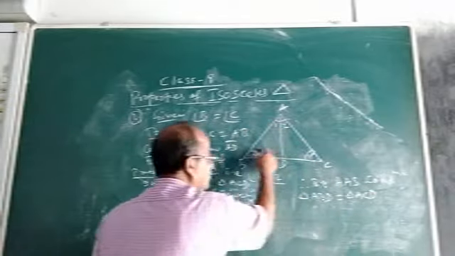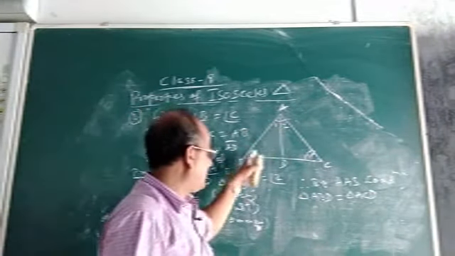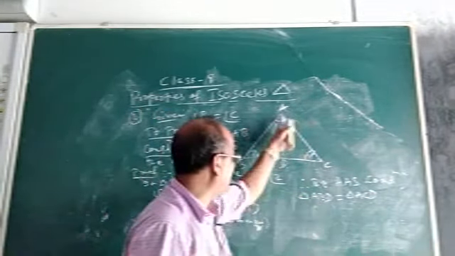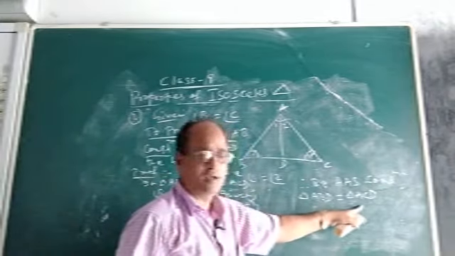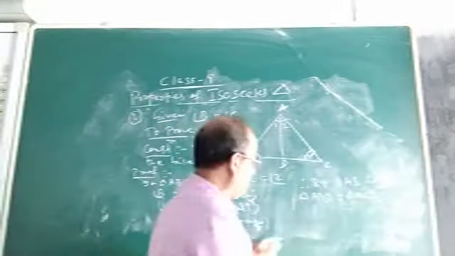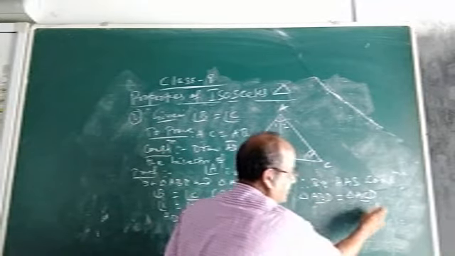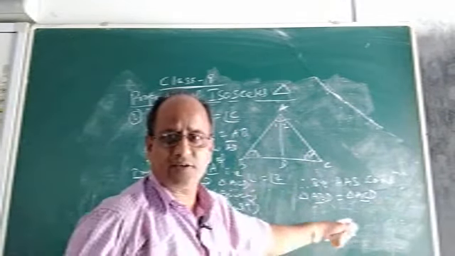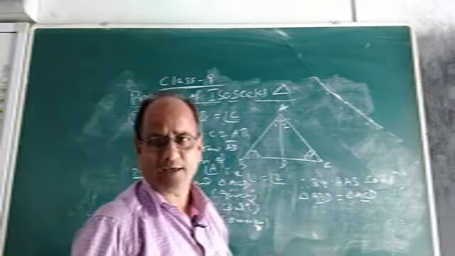Okay, and if these two are congruent, AB is the corresponding side of this triangle, AC is the corresponding side of this triangle. So as the two triangles are congruent, this corresponding side and this corresponding side must be equal, because these two are the corresponding parts of the two triangles.